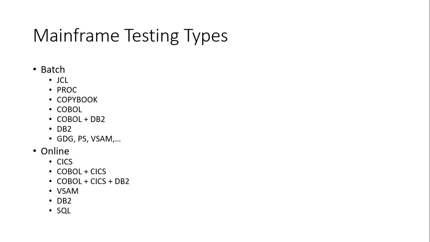Batch means JCLs, you need to understand. Online means the screens, where you will be testing all the screens. Okay, for example, in CICS, people call it as kicks or CICS, both mean the same. Suppose the user has developed one screen with different options. Okay, let's take a banking application.